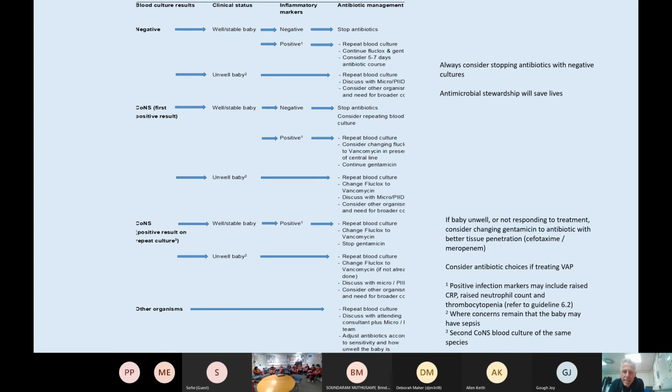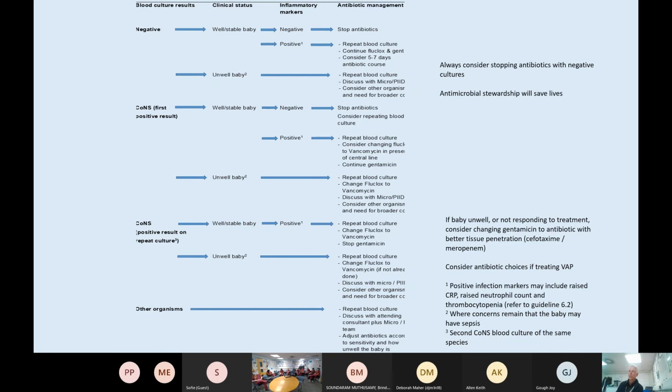Thanks. Which basically said of the 55 antibiotics in the antibiotic pipeline, none of them are any good as far as research is concerned. So it's really important that we're careful about stopping antibiotics.